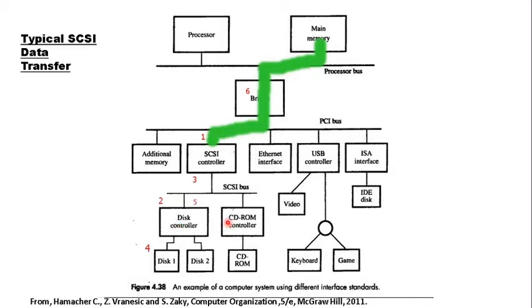In any SCSI transaction, the initiator and target play an active role in the transfer, because during the transfer there will be many pauses or suspensions of sessions. They coordinate with each other in order to resume the session over multiple transfers. So the SCSI controller first takes up control of the bus, and now it hands over control of the bus to the disk controller, the target. That is step number 2.